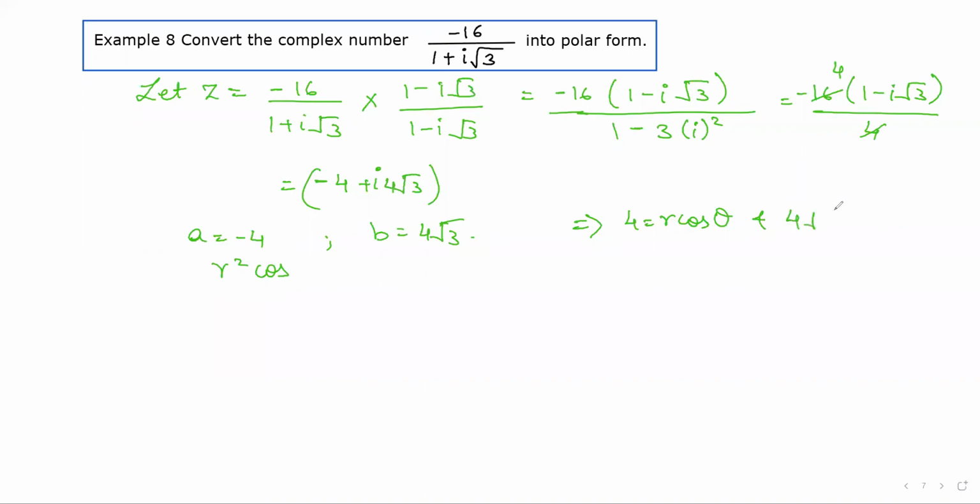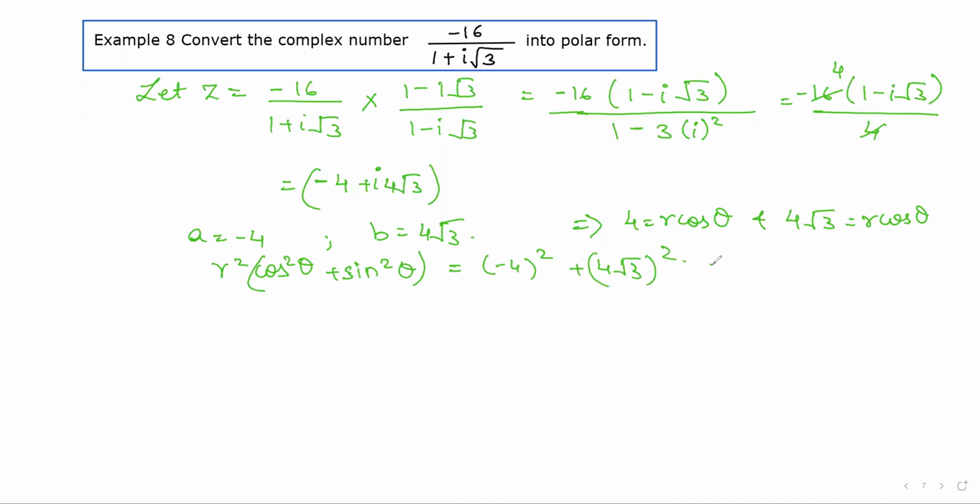Squaring and adding, r square cos square theta plus sin square theta, taking r square common, you have minus 4 whole square plus 4 root 3 whole square.